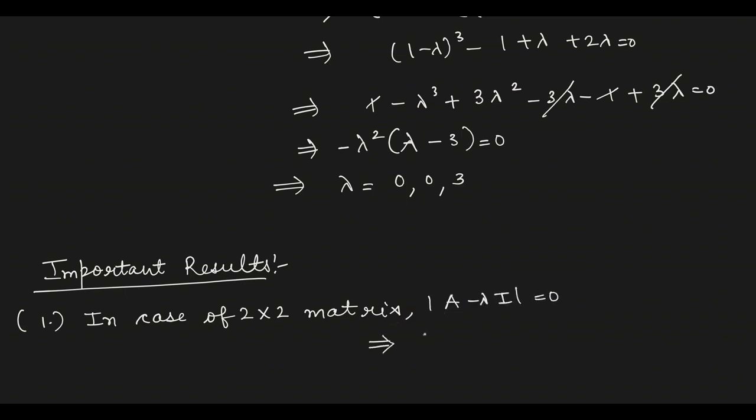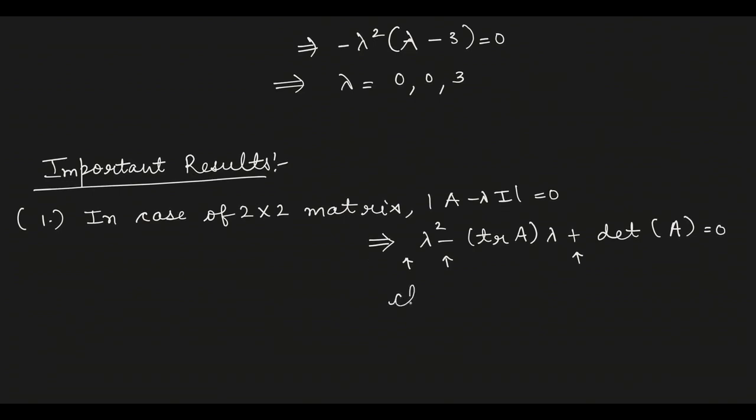Simply you can remember that lambda square minus trace of matrix A times lambda plus determinant of A, alternate plus minus sign: plus sign, then minus sign, then plus sign, equal to 0. Then this will be the characteristic polynomial of A.